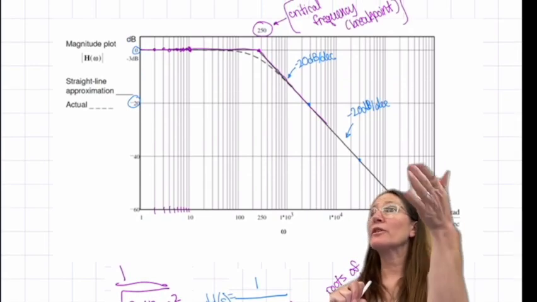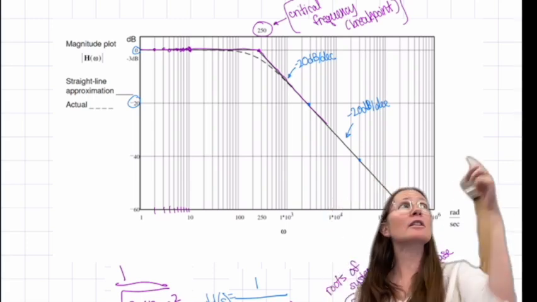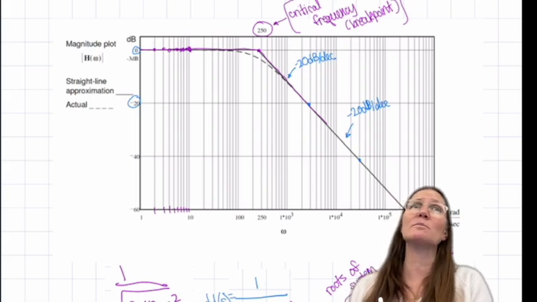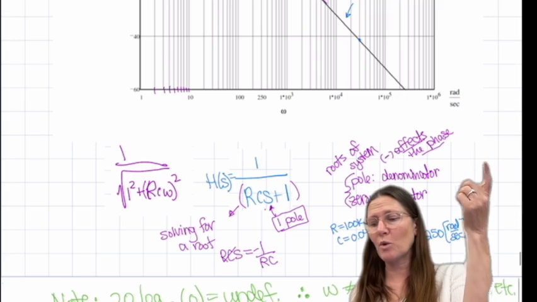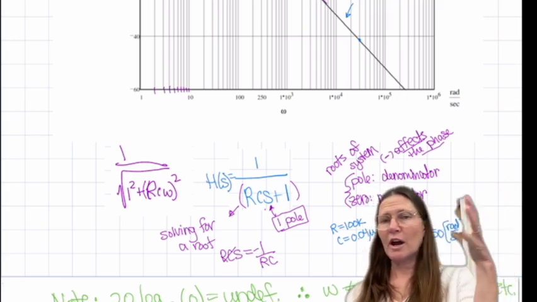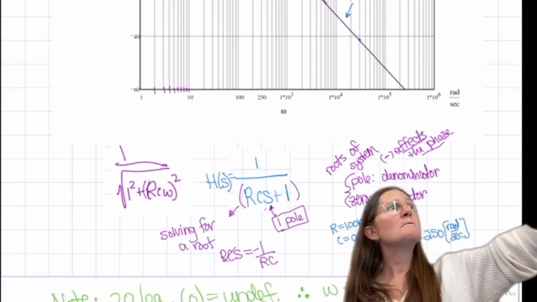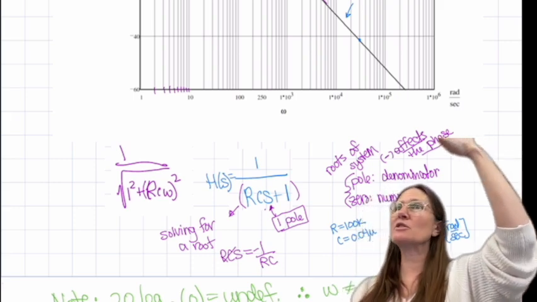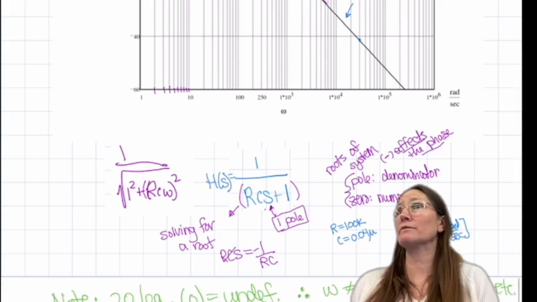So the nice thing about this is once we locate what those poles and zeros are, if it's a pole, it's going to give us the effect that after the pole, it decreases by a minus 20 dB per decade slope. So that makes it really nice because now we can just look at this equation and say we have one pole. I'll show you the effects of the other ones when you have them at the origin. But we have one pole. It's going to be flat till I reach that pole, and then it's going to drop off by minus 20 dB per decade. I can just draw this graph right away.